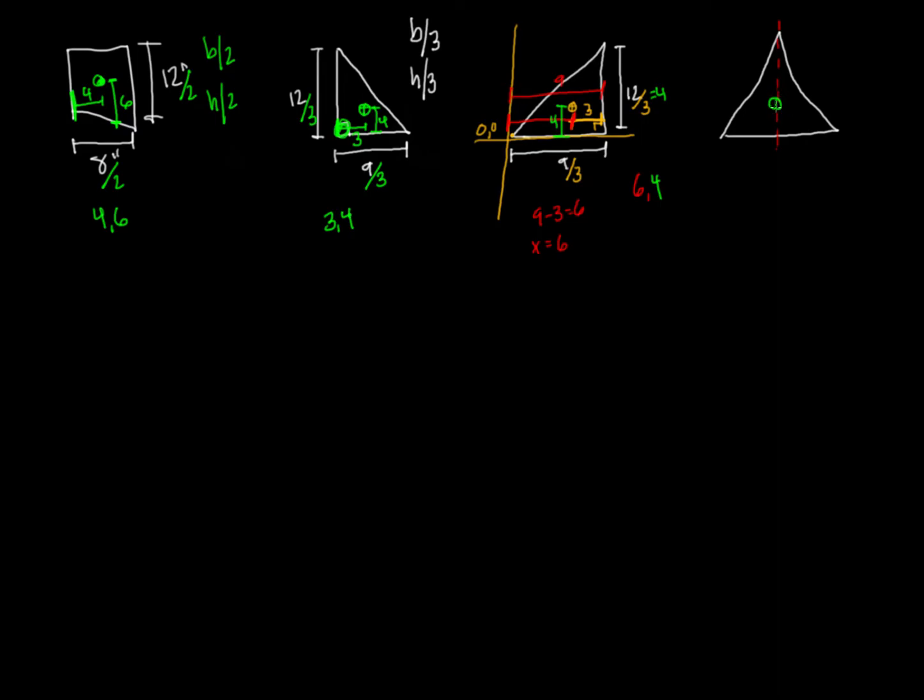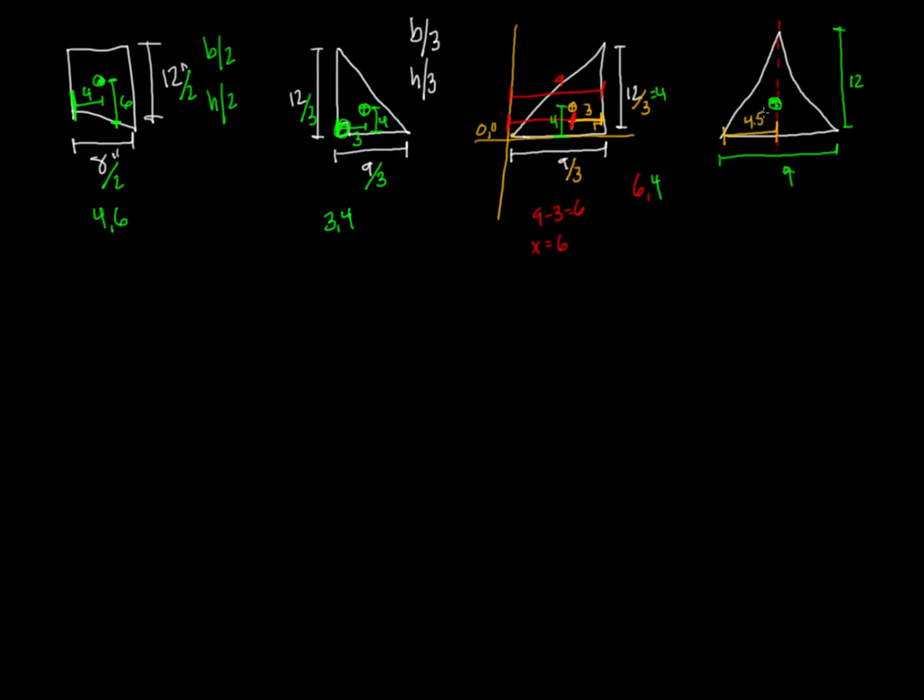That centroid is going to fall on that line of symmetry somewhere. So, what I would ask you guys is, if this is 9 and the height of this thing is 12, we'll just do the same numbers. If there's a line of symmetry, how far is it from here to here?